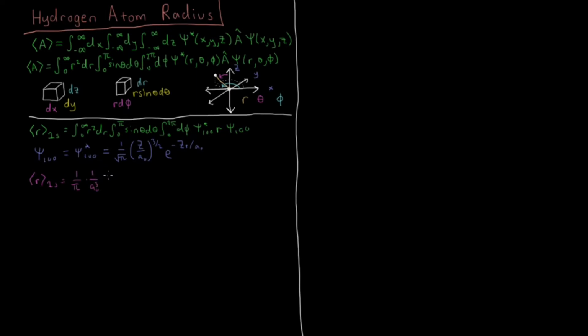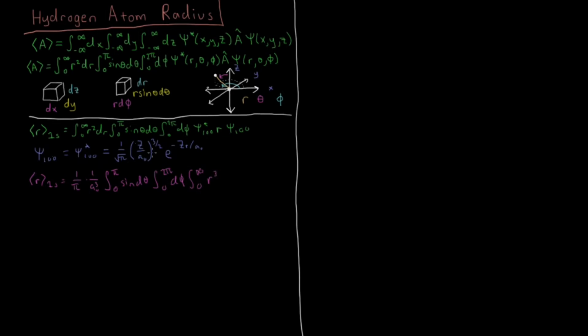Then I do my integrals. Let's do this integral here first, the 0 to pi sine theta d theta, then the integral 0 to 2 pi of d phi, then the integral from 0 to infinity, and we have an r squared from here, we have an r from here, so that's going to give us an r cubed.